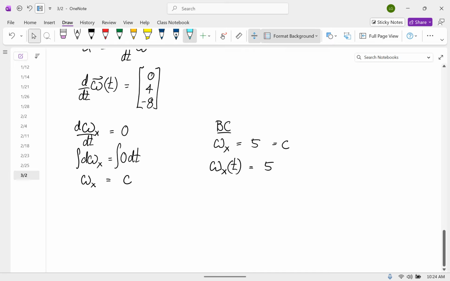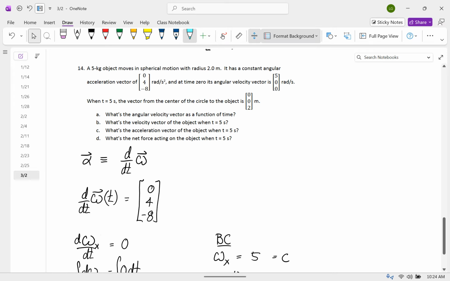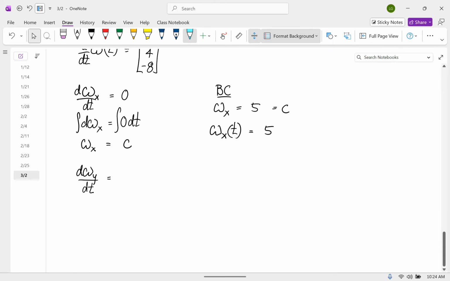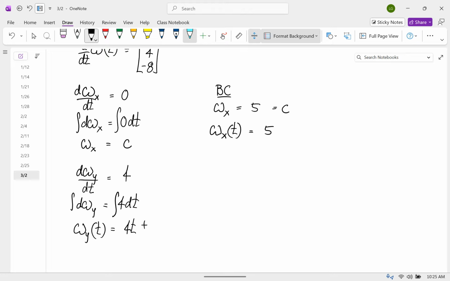And then we have d omega y dt is equal to 4. So d omega y is equal to 4 dt. Integrate both sides, and you get that the omega y component as a function of time is equal to 4t plus a new c.